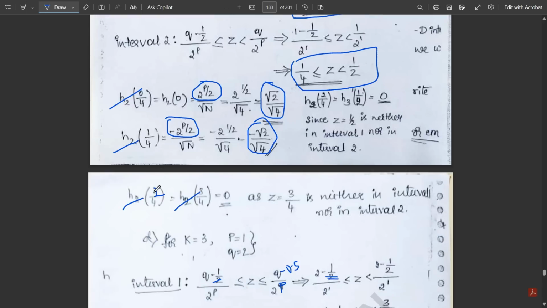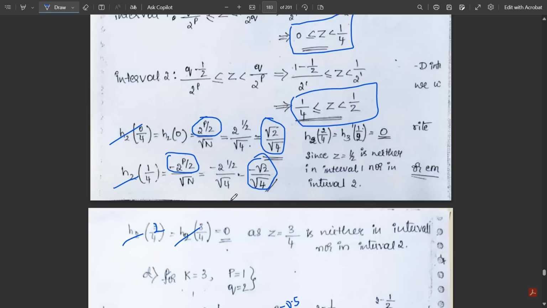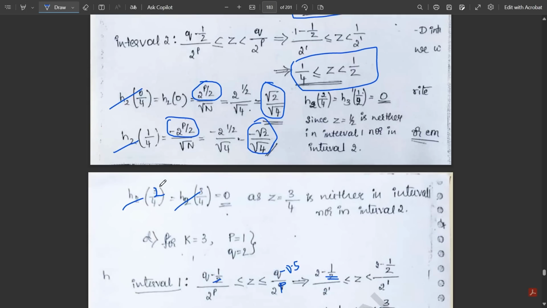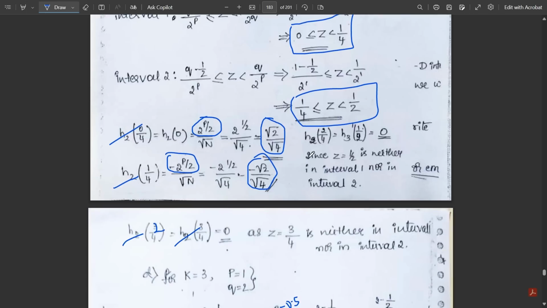But if you check for 2 by 4 and 3 by 4, in both these intervals, if you solve for 2 by 4, it is equal to 1 by 2, and here we have 3 by 4, which is greater than 1 by 2. But the intervals of Z are only ranging till 1 by 2. Okay. But if we have values greater than 1 by 2, the third condition would be satisfied, that is it would be equal to 0, right?